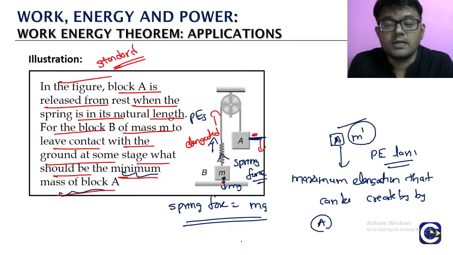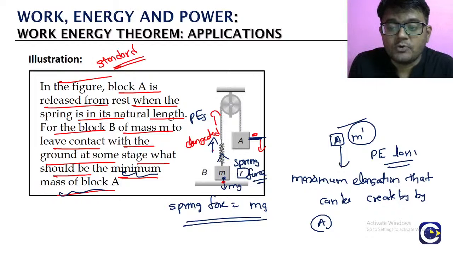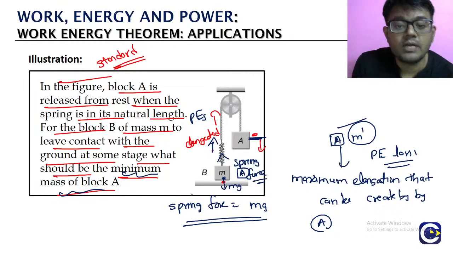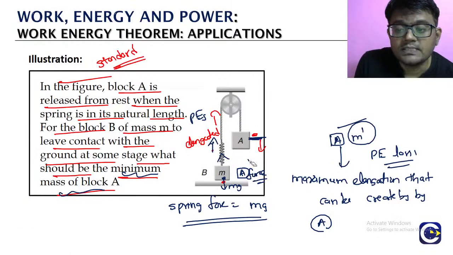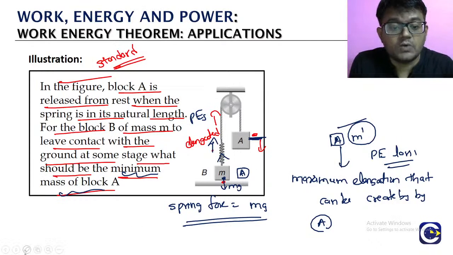As the block A is going down, finally it might come to rest at some point. Since it is coming to rest, it will not be able to go any further down. That is the maximum elongation situation.